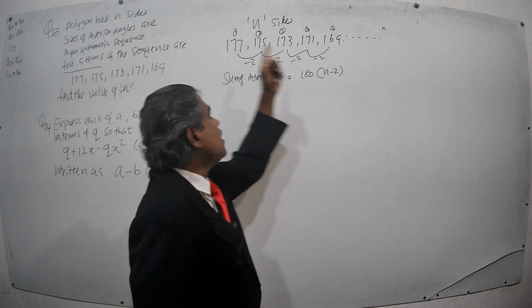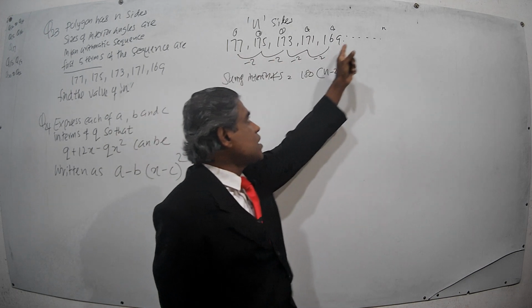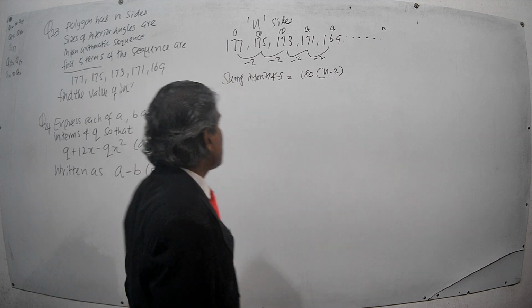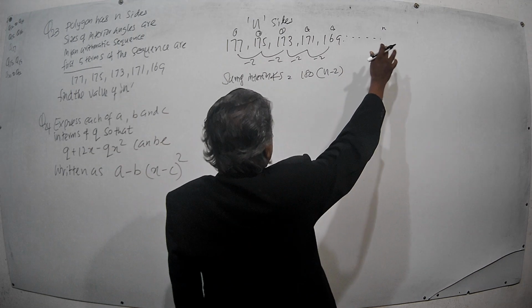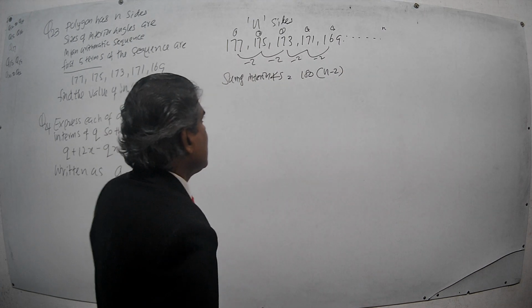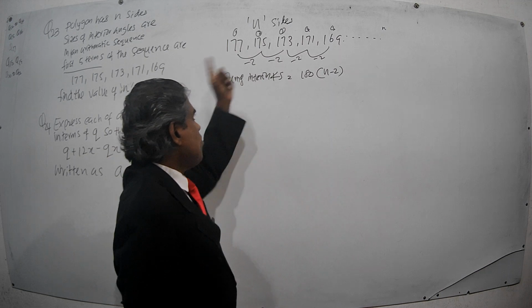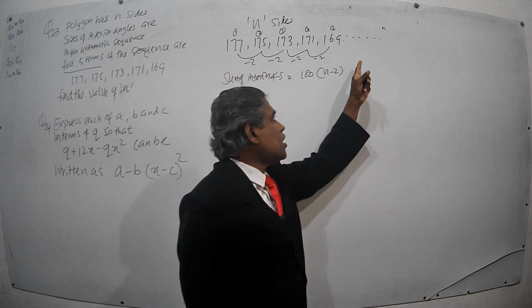If you get the sum of n terms of this arithmetic sequence, you are again getting the sum of interior angles of this polygon.